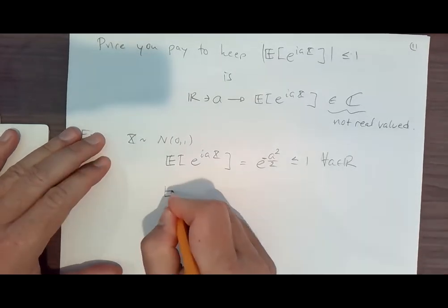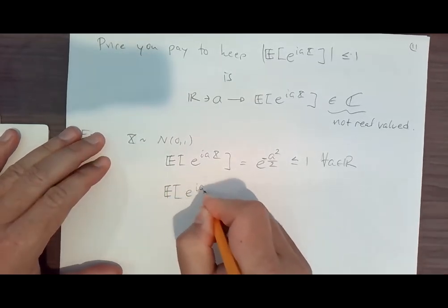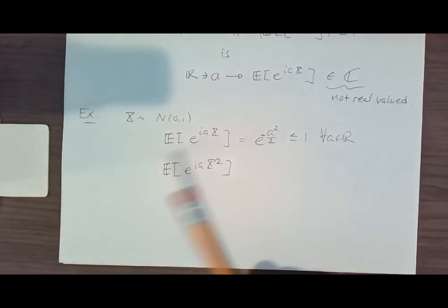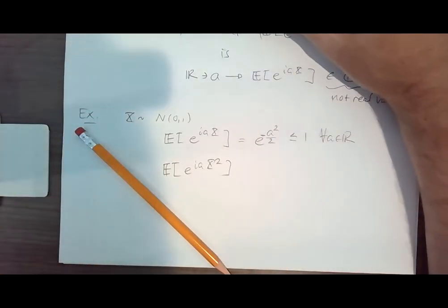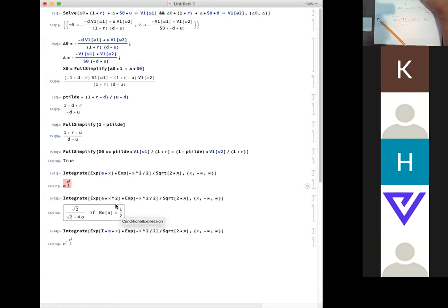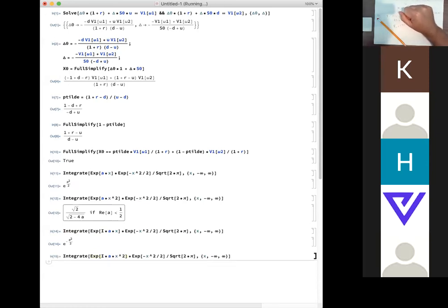We could also have the x squared one. This was the troublemaker, the one that was only finite for some a. If we go over to Mathematica, let's see if Mathematica is willing to do that one too. So instead of the one we had here, the only thing that changes is we put a square, and then you see what we get here.